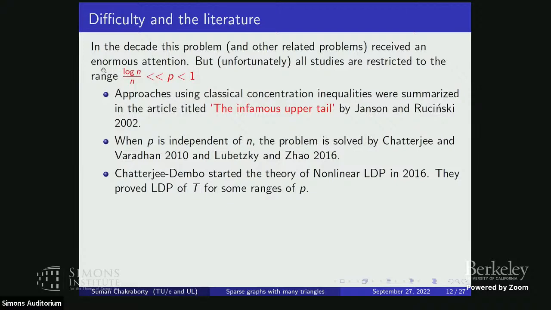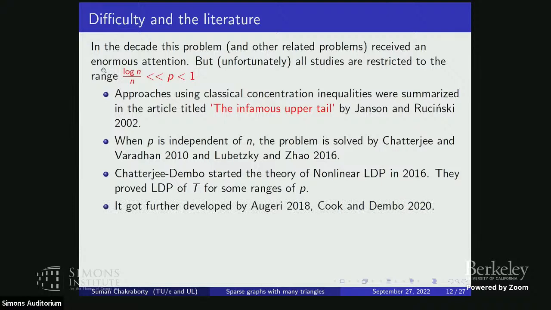This started the study of these sorts of quantities when p is sparse, and it has a range where p was not in the dense range, but p was like 1 over n to the power 1 over 42 or something, if I remember correctly. Up to there you could push p, but not beyond that.